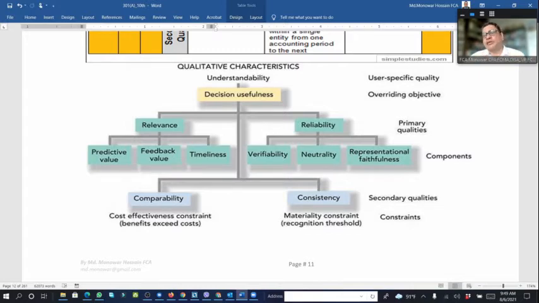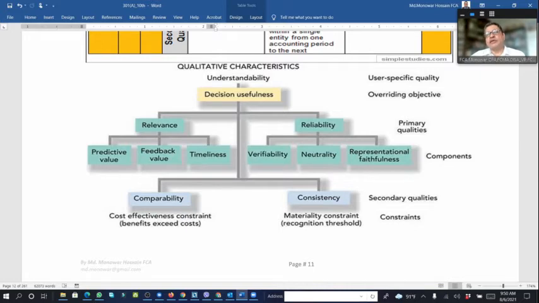That is the primary quality, and it has the components of predictive value, feedback value, timeliness, verifiability, neutrality, and representational faithfulness, which should be within the financial data.